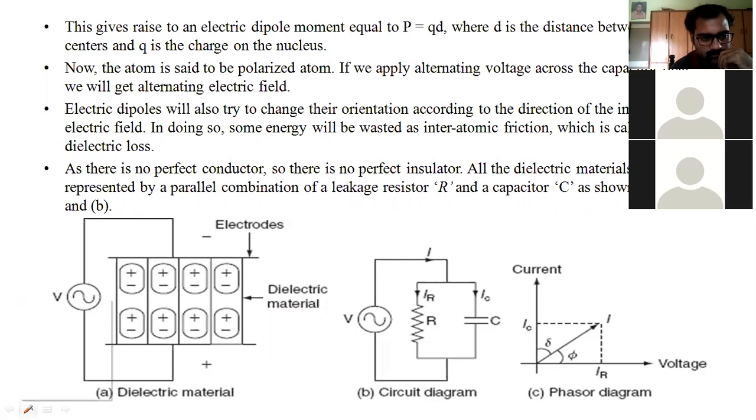Whenever this supply is passed to these two plates, the first plate becomes negative charge and the second plate becomes positive charge. Whenever this dielectric material, that is electric dipoles, is placed between these two, there are 1, 2, 3, 4, 5, 6, 7, 8. So in total this dielectric material consists of 8 electric dipoles.